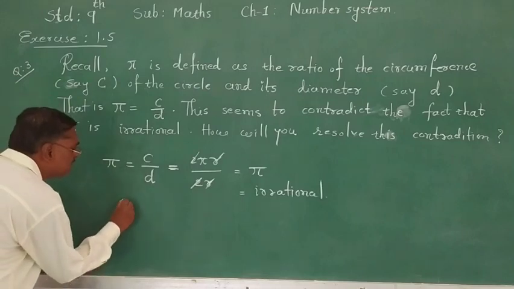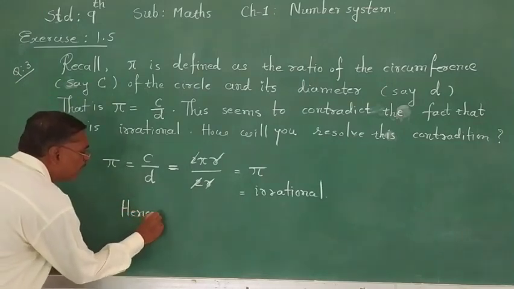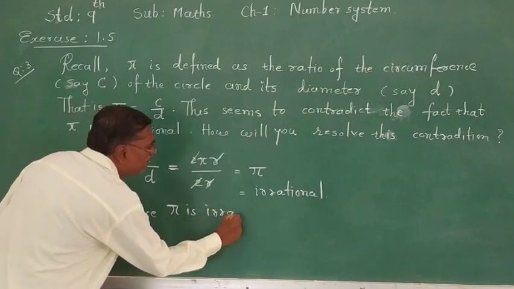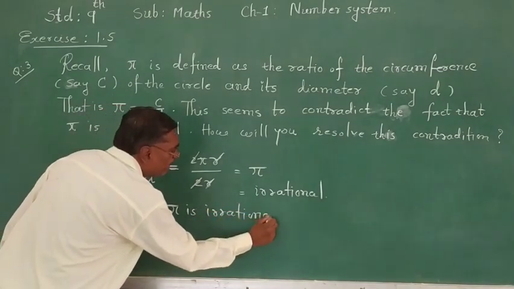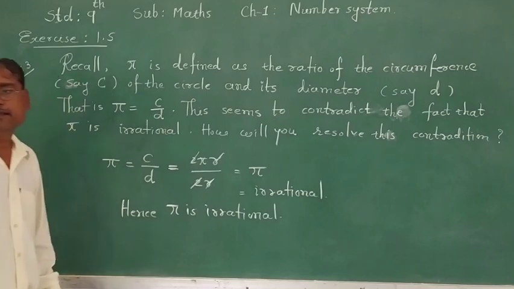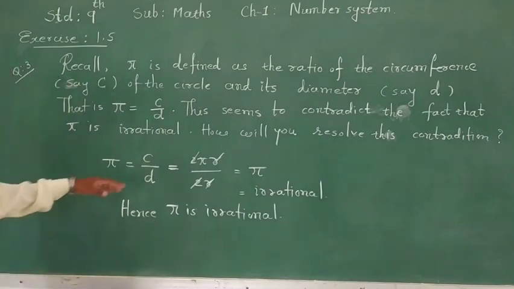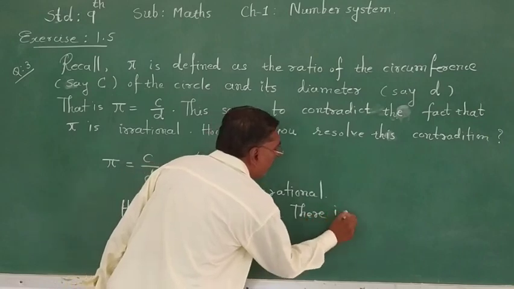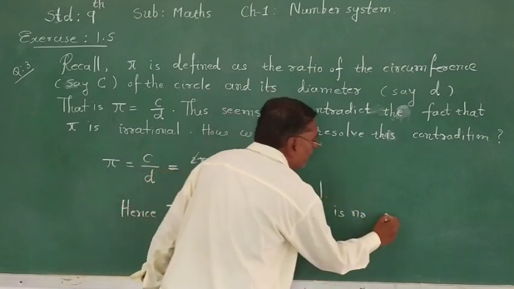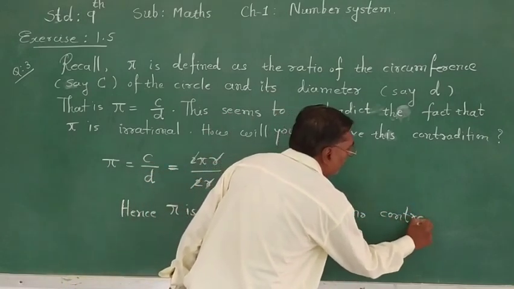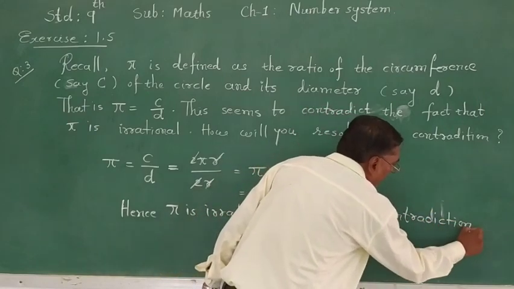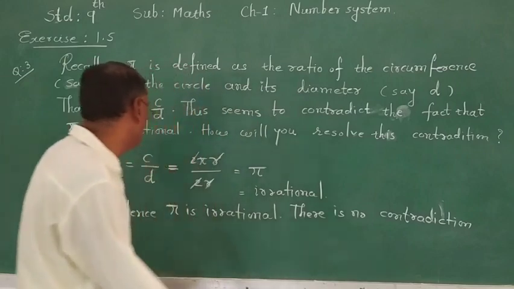Hence pi is irrational. There is no contradiction.